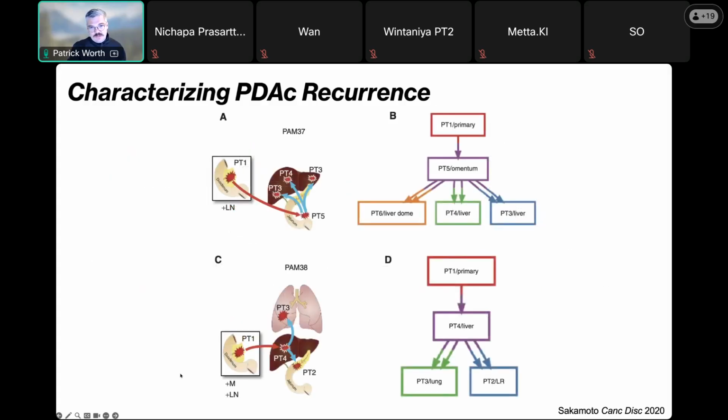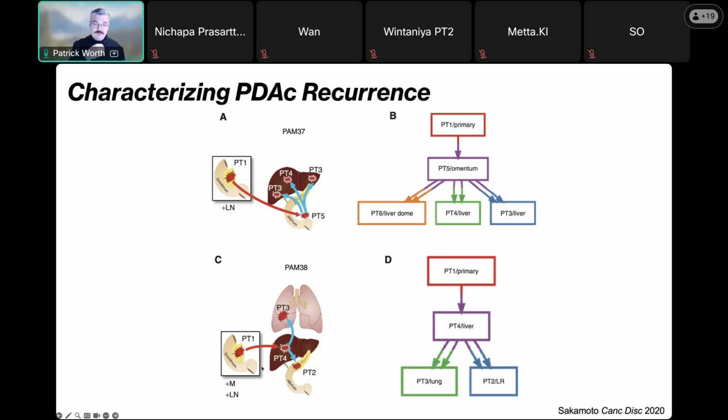And in modeling, this group showed essentially that even some local recurrences that you can see in this panel at this pancreatic ojejunostomy were derived, or were downstream evolutionarily, from a liver metastasis.